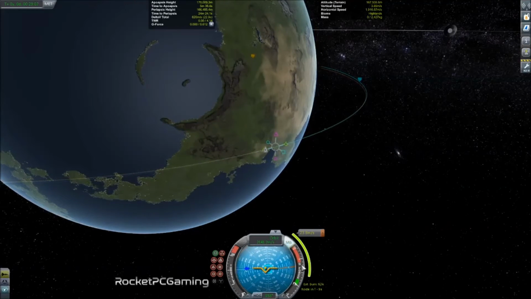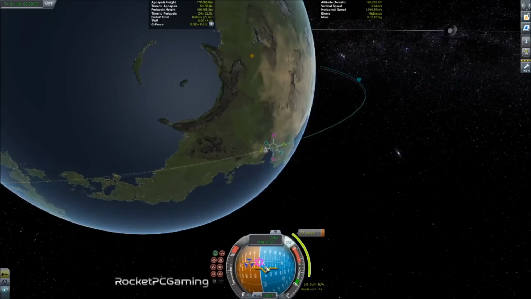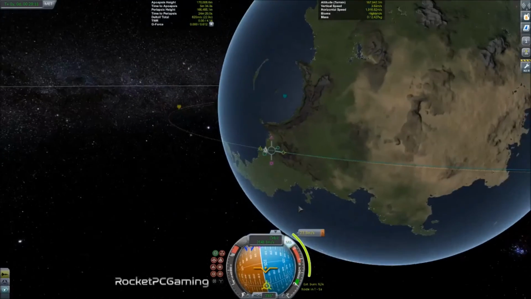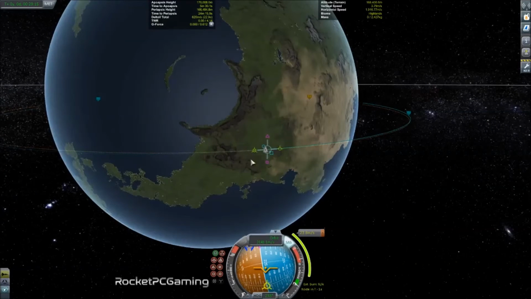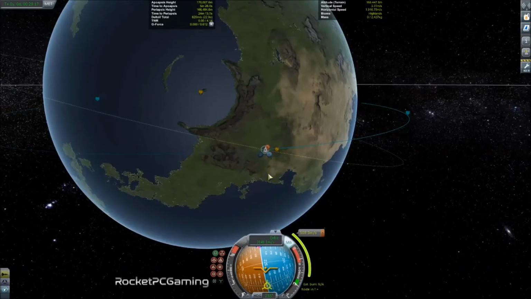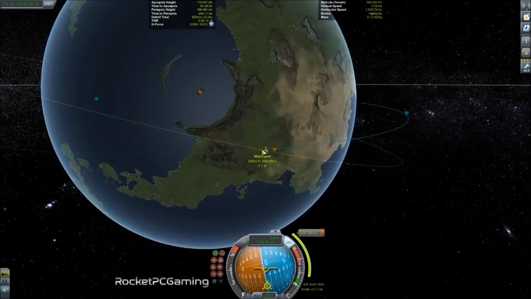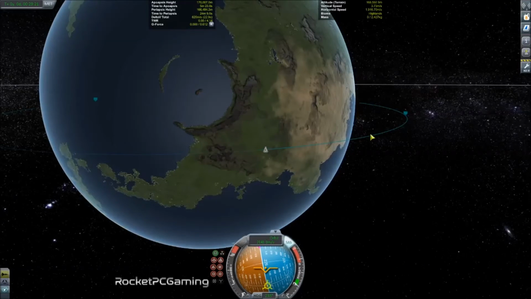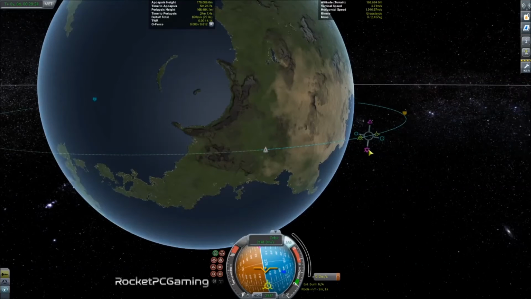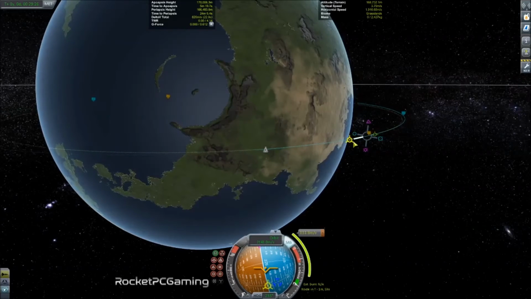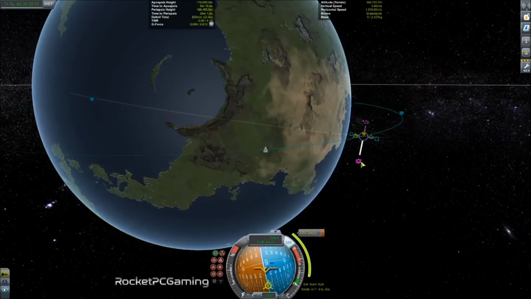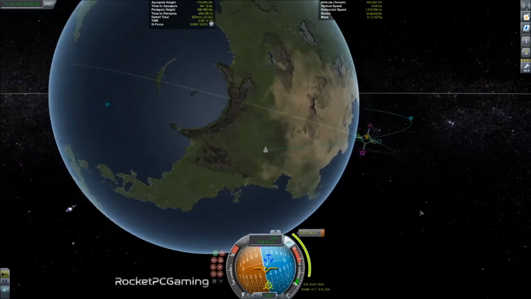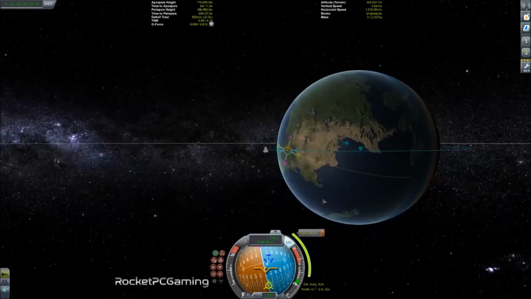So any of these or any combination of these maneuvers will do a combination of those two things. So for example, if you wanted to do a retrograde burn, reducing our orbit here, with a descending inclination change.